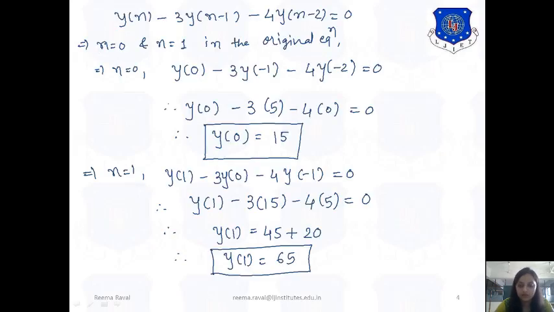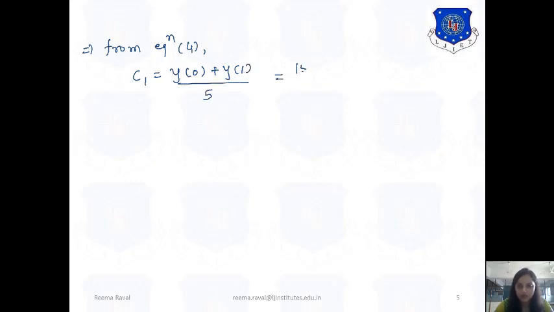So now from equation number 4, C1 will be equal to y of 0 plus y of 1 by 5, where y of 0 is 15 plus y of 1 is 65, by 5, that will give us the value 80 by 5, that will be equal to 16.